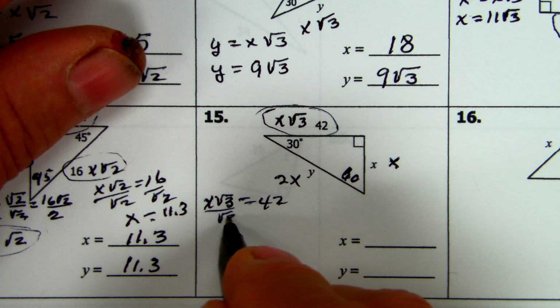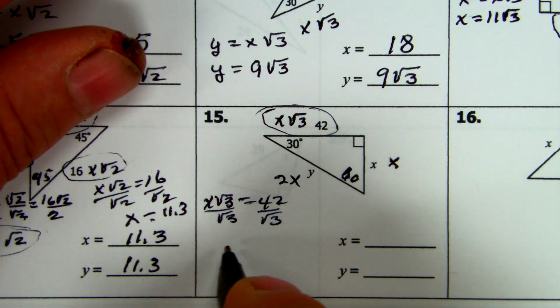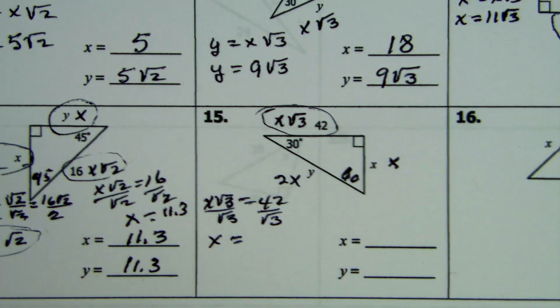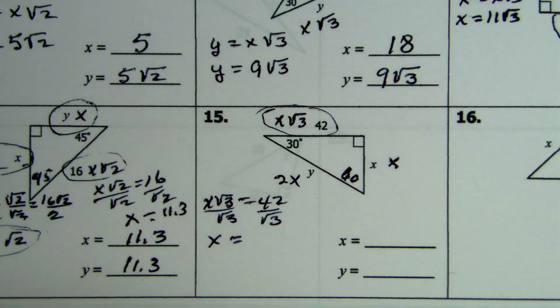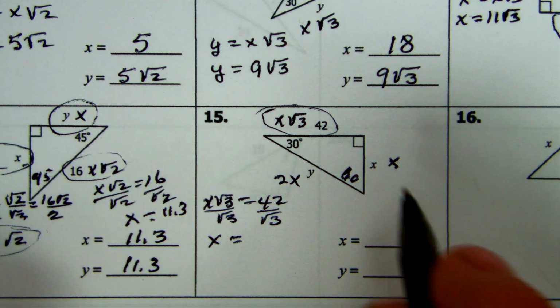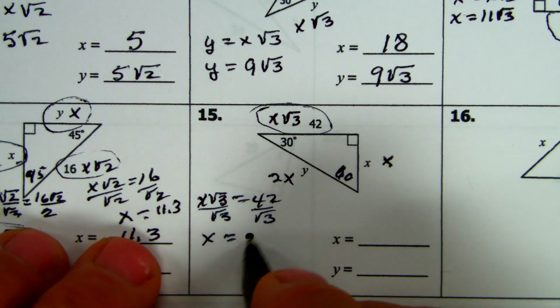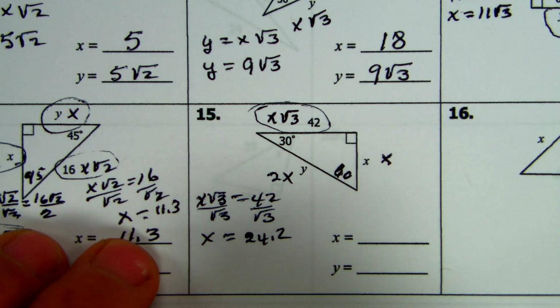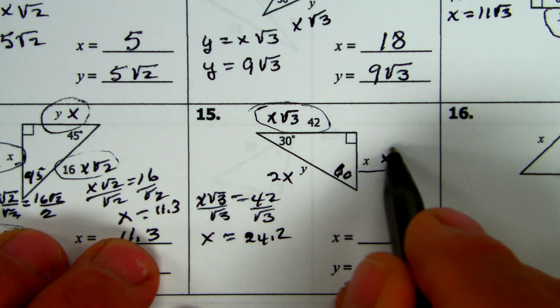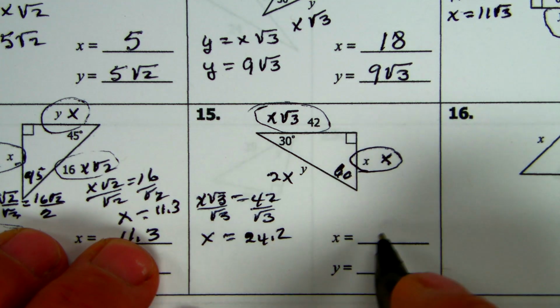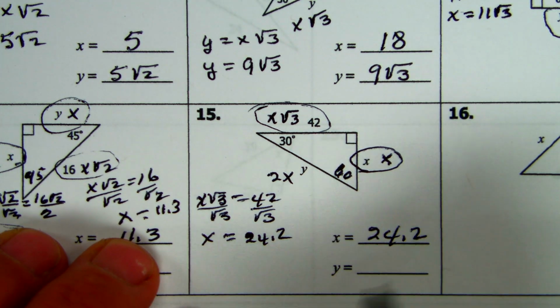So if we divide both sides by the square root of 3, x then would equal, let's put that in our calculator, 42 divided by square root of 3. So if we do that, we get 24.2. Now, the template x and their x is the same, so this is 24.2.